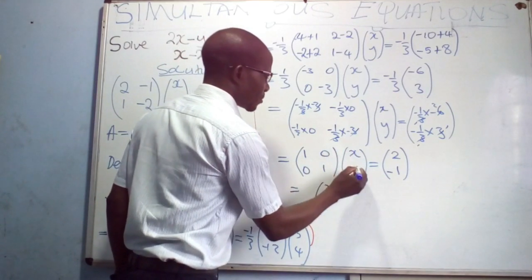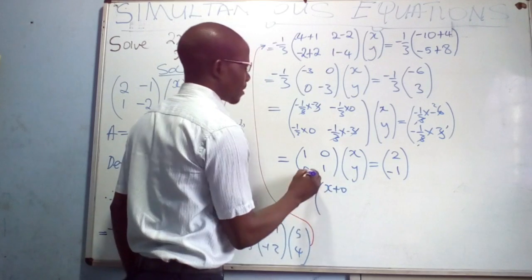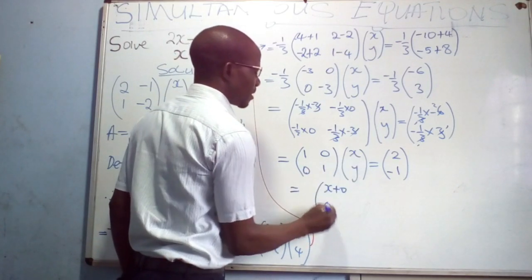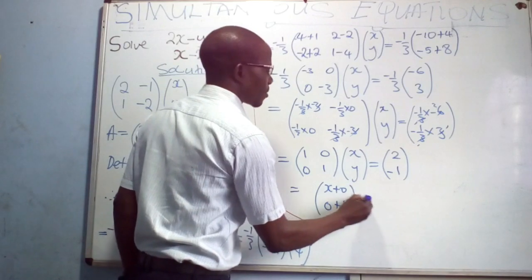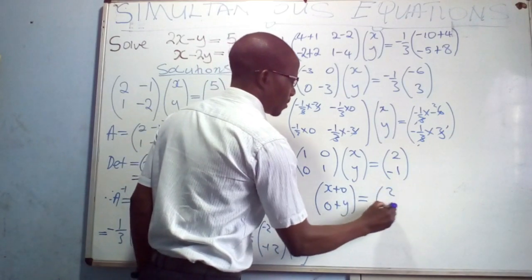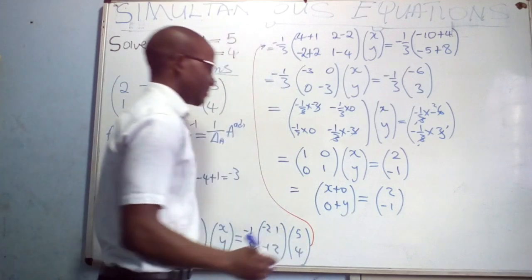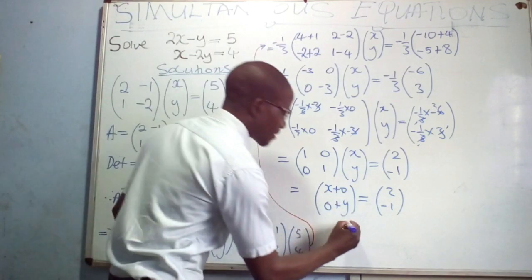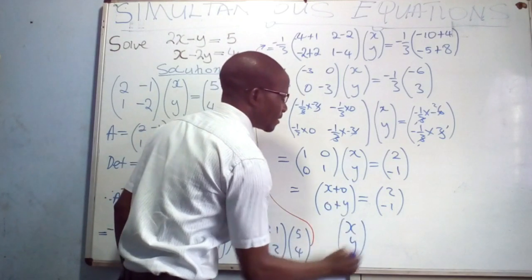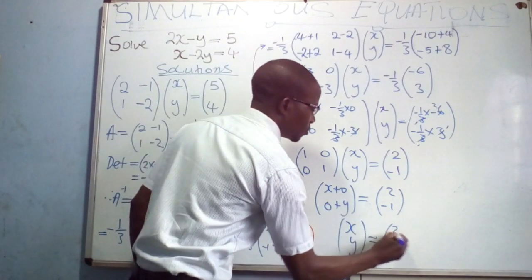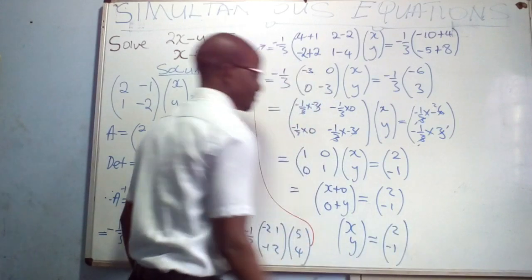0 times y, that is 0. 0 times x, 0. 0 times 1, that is y, equals 2, negative 1. x plus 0, x. 0 plus y, y, equals 2, negative 1.